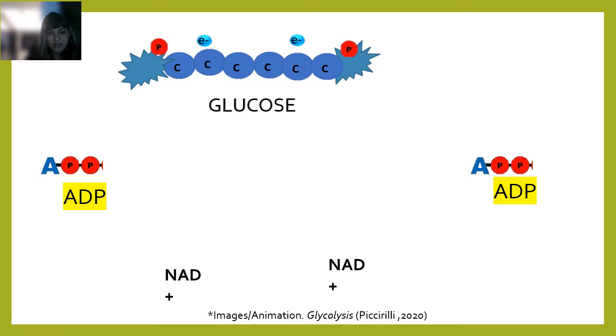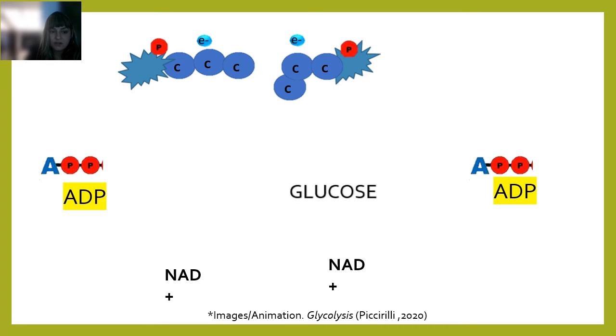After that, with that energy, the molecule is able to be split, but these two leftover molecules, the 3 carbons on each side, are not at pyruvate yet. Either way, the molecule is no longer glucose.